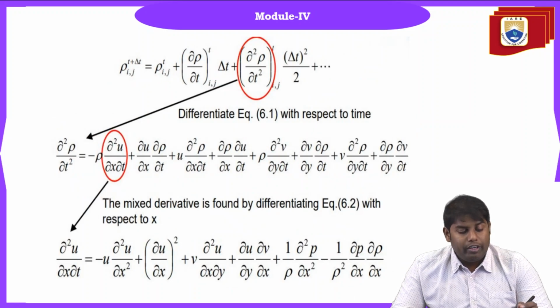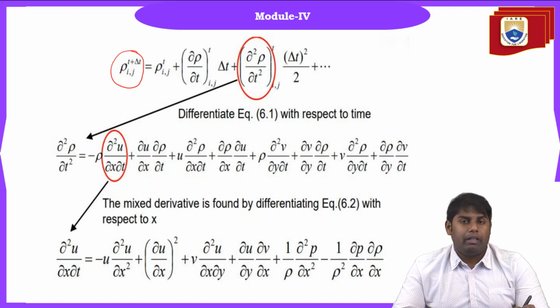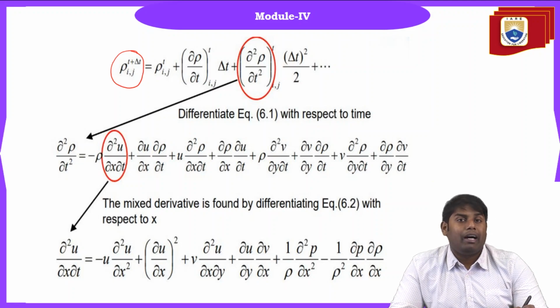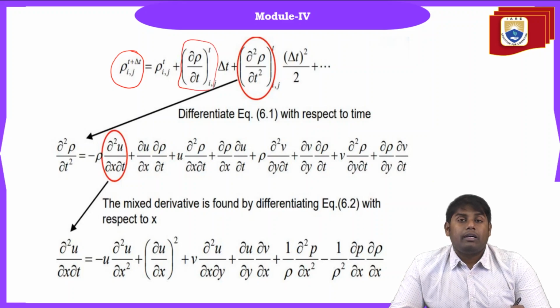Next, for the second derivative term, we are finding the value of density at the next time level. Since we are dealing with marching solutions, the first term is substituted with the continuity equation.